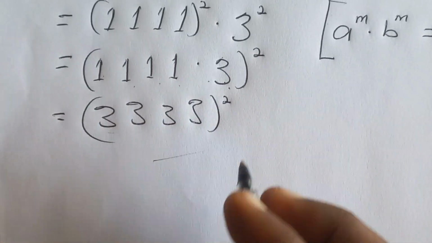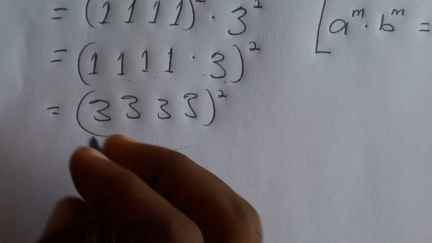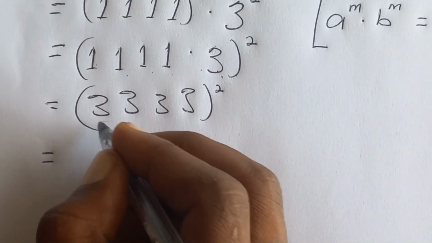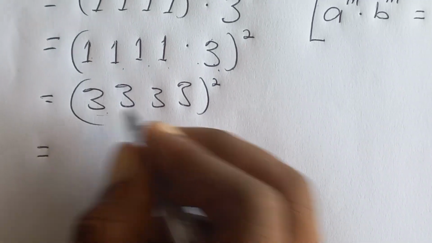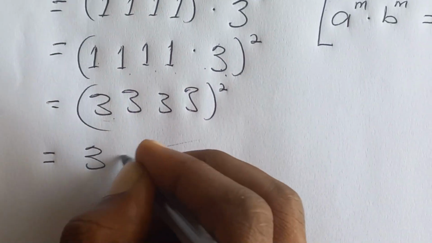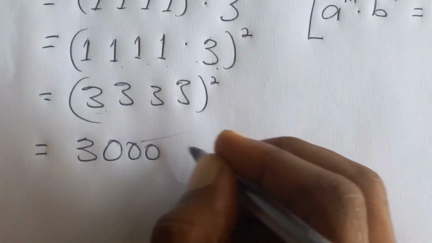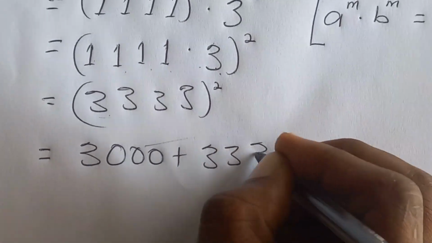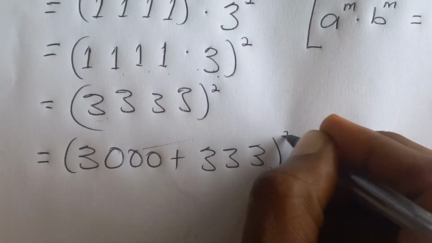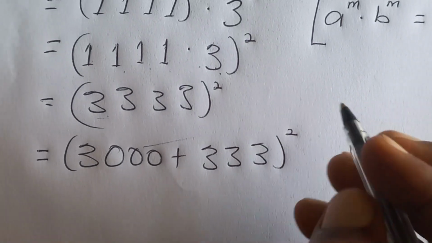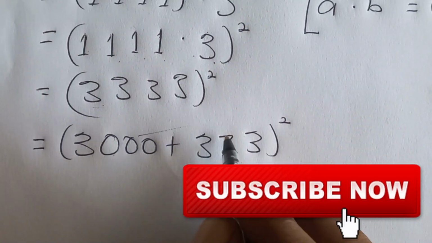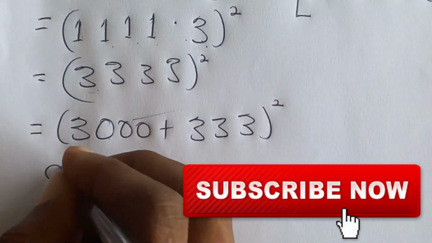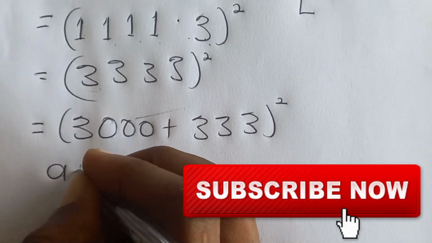Because we are not going to use a calculator, we can express it as 3,000 plus 333 all squared.